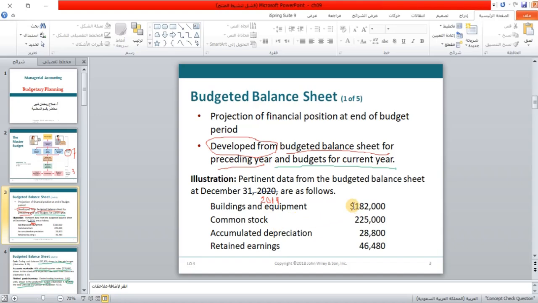This is the given data from the preceding year: buildings and equipment, common stock, accumulated depreciation, retained earnings. In the budgeted balance sheet, these figures will be modified with the changes through the current year, as we will see.